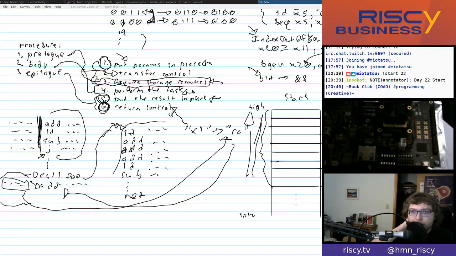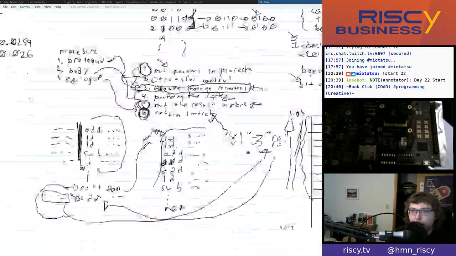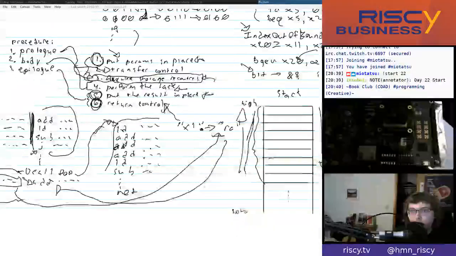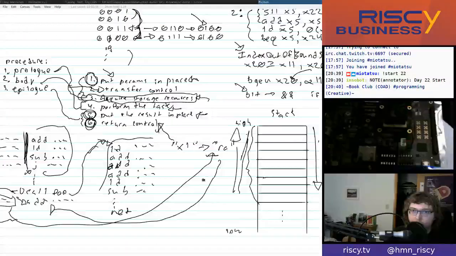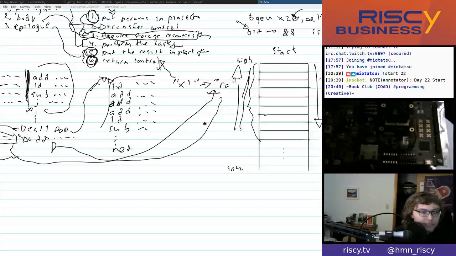They all have some conventions in place to do these generic steps. And your procedures are always prologue, body, epilogue, and they're doing these 6 steps that the book is introducing you to. So this is stuff you need to begin to get familiar with and be aware of at this point.